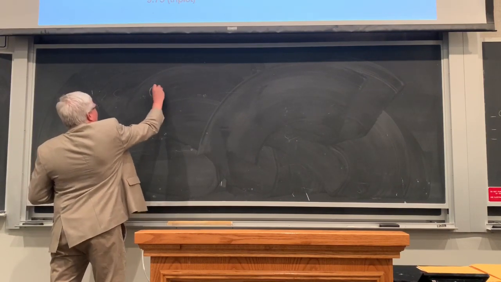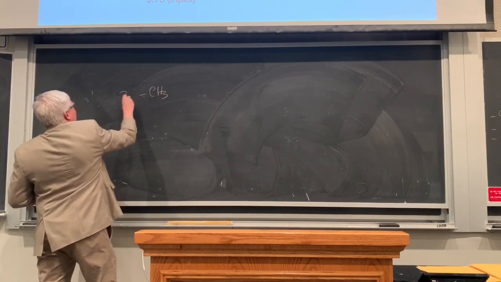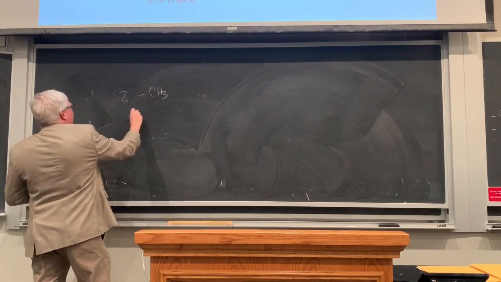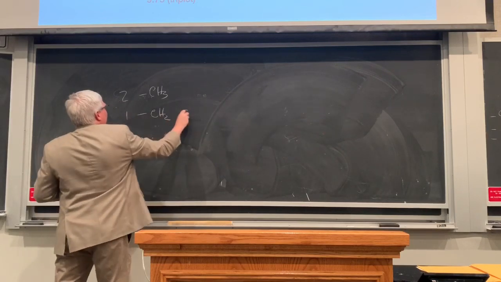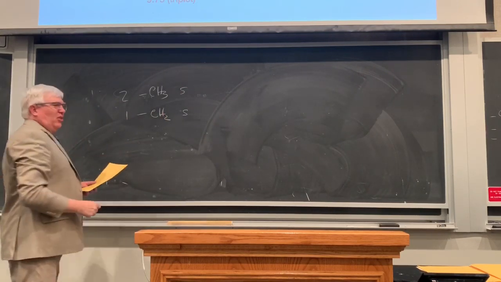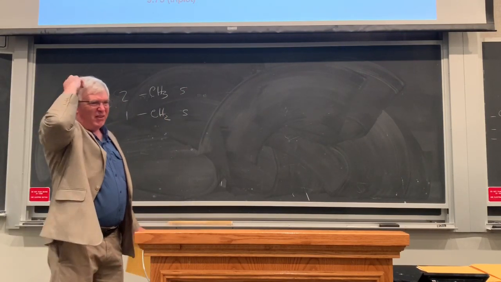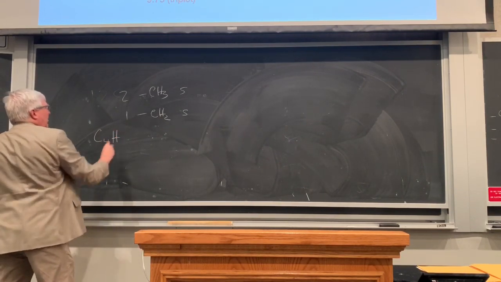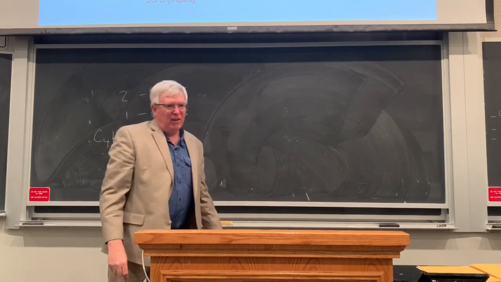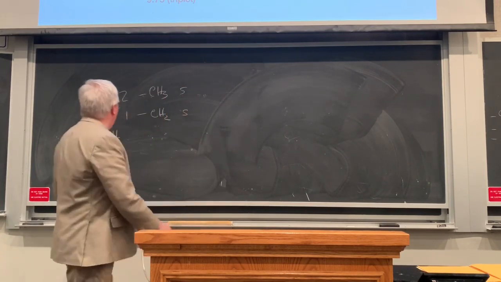And we've got methyl CH3, we've got 2 of them. And then we've got a CH2, also singlet. And that's a little tricky to figure out there. We've got 2 bromides, C4H, what do we have? 8 Br2.